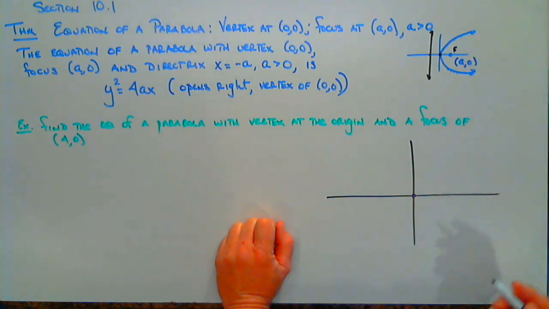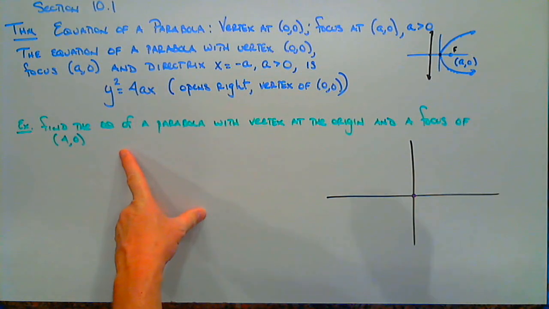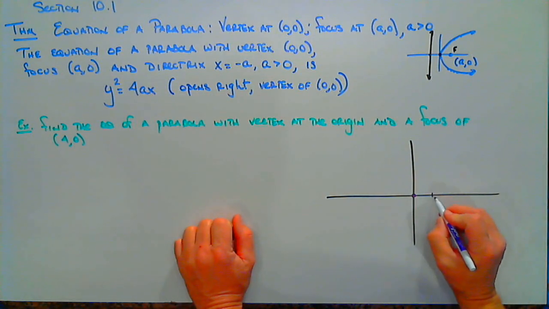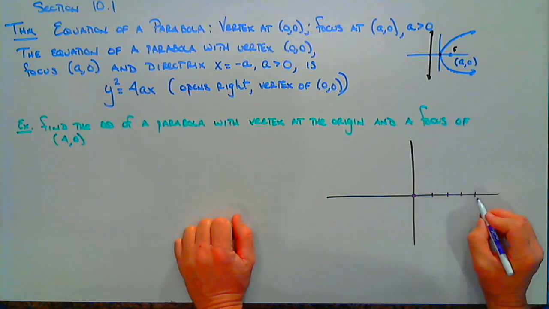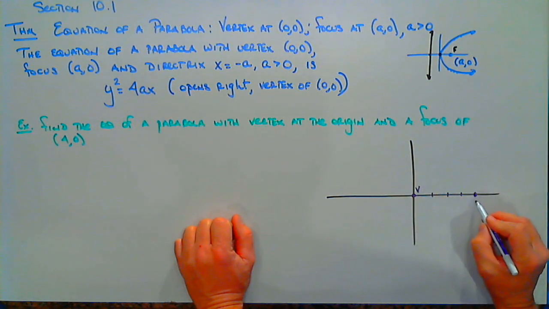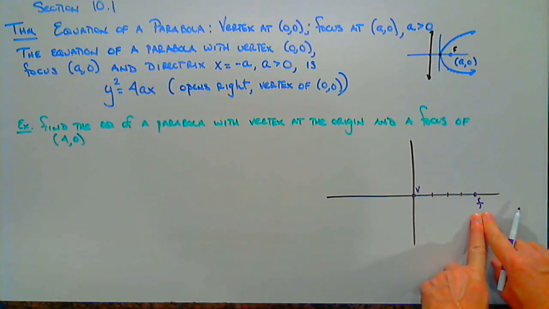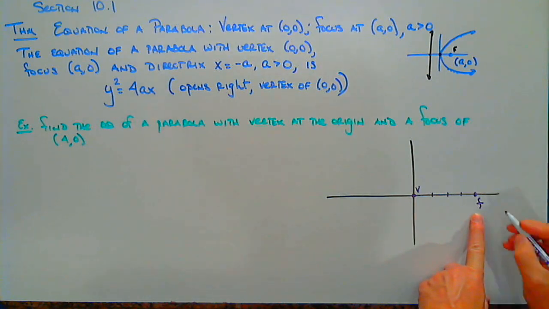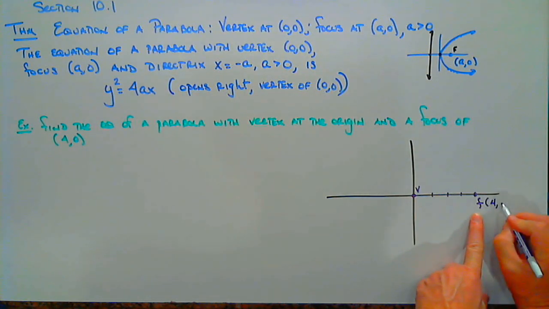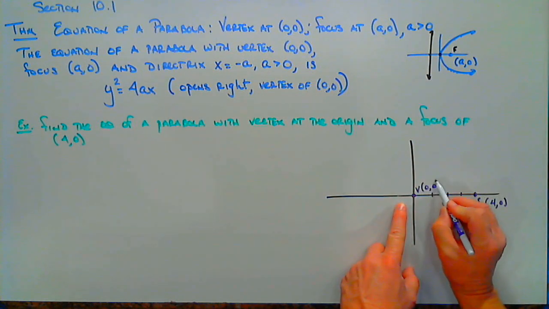So we have a focus at 4, 0. This is our vertex, and this is our focus. When we draw parabolas in pre-calc, this is what our graph usually looks like. We have some focus, we label that F, and that's 4, 0. And then we have a vertex, and that's 0, 0.